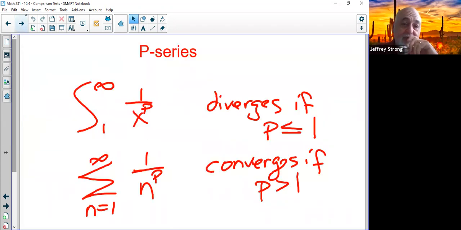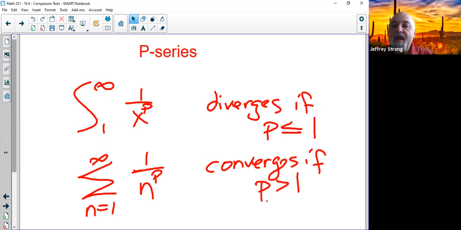So, for example, with the P series, we know that, whether as an integral or as a series, 1 over x to the p, 1 over n to the p, it diverges if p is less than or equal to 1 and converges if p is greater than 1.